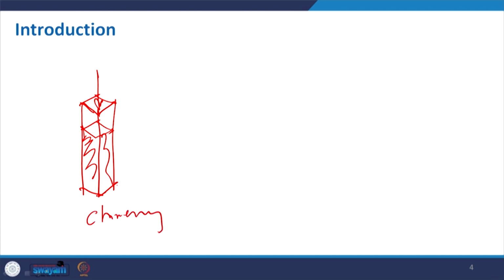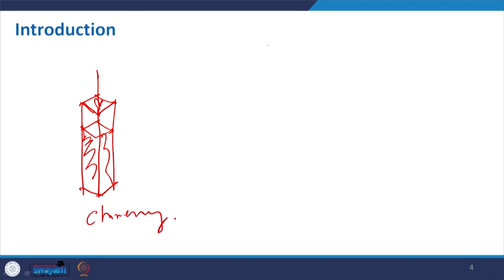Based on this initial discussion, what did we find? Whenever we have a short column and apply load, it will get shortened and finally crush. Crushing is the phenomenon.